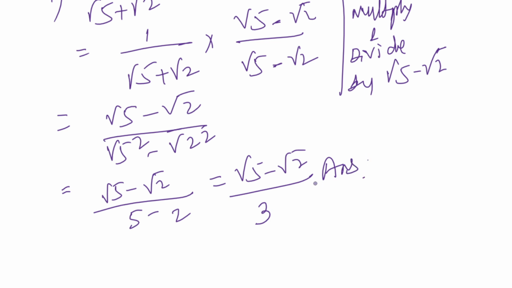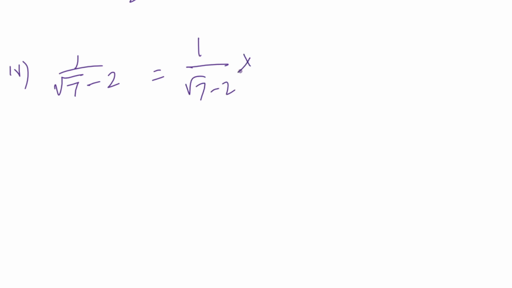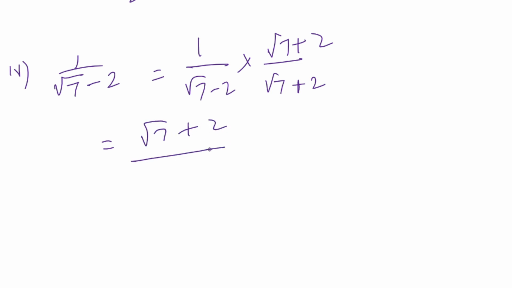Let's do the last one, number 4: 1 by root 7 minus 2. I'll multiply by the same number but the sign will change, minus will become plus. This is root 7 plus 2, and here again the a minus b, a plus b formula.